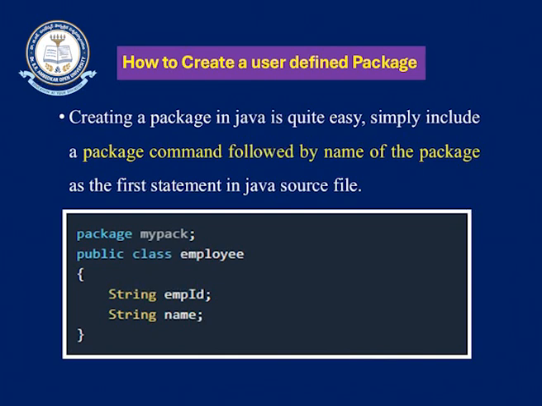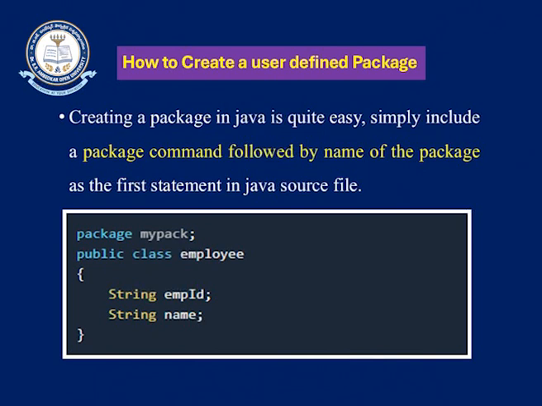But for simplification, in this example, I want to use only one class. See this code: public space class name. Public is an access modifier, class is a keyword, and my class name in this example is Employee.